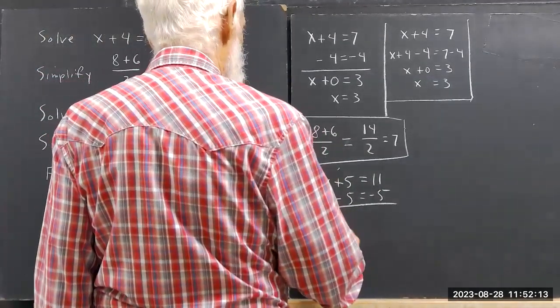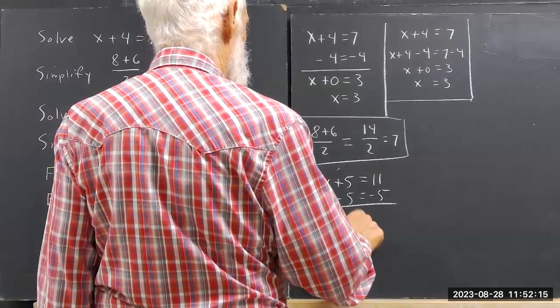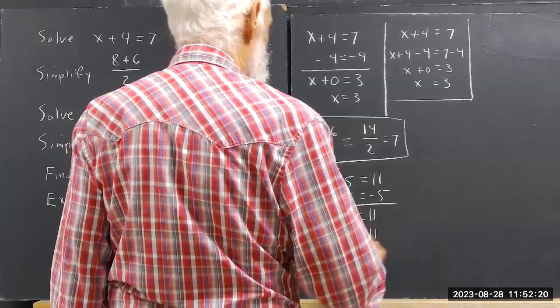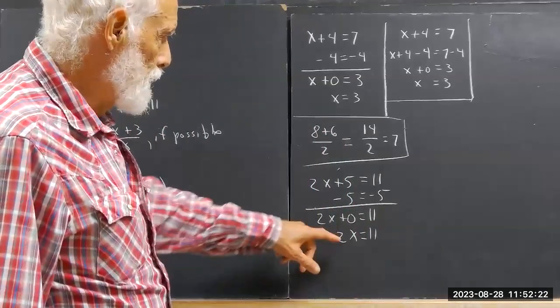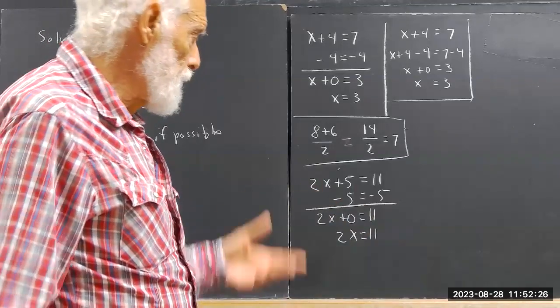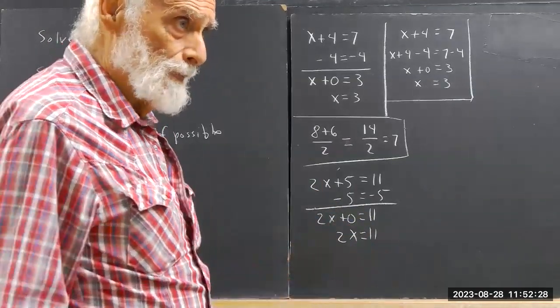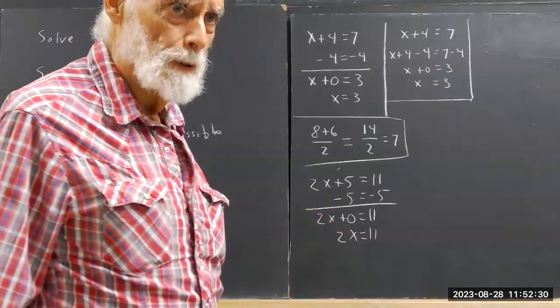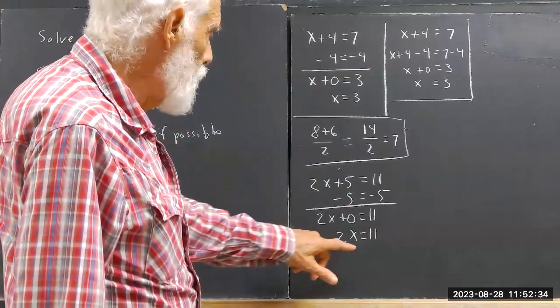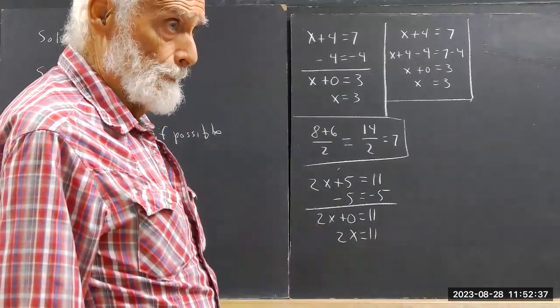And that's going to give me 2x plus 0 equals 11, or 2x equals 11. And after you get used to this, you can kind of skip the plus 0 thing, if you're not making mistakes on it, if you're always getting the right answer. I figure you probably understand the plus 0 here, but you should be able to explain it if I ask. Okay, now we got 2x equals 11.